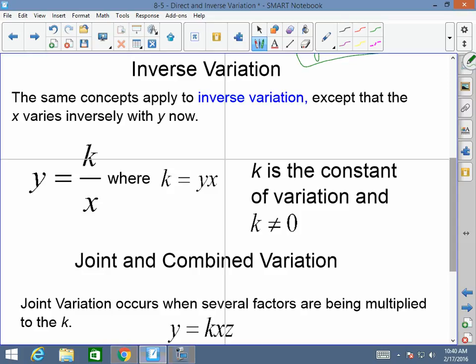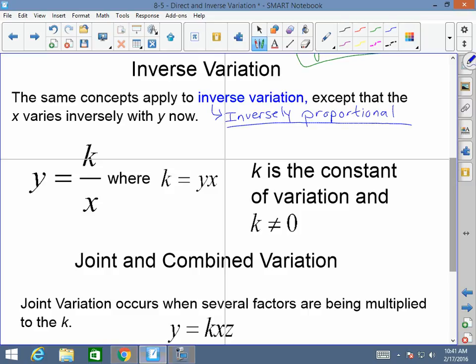When you have inverse variation, sometimes, just so you know, in word problems they'll say inversely proportional to. So if they say directly proportional, that's direct variation. If they say inversely proportional, that's inverse variation. And an inverse variation is y equals k divided by x.